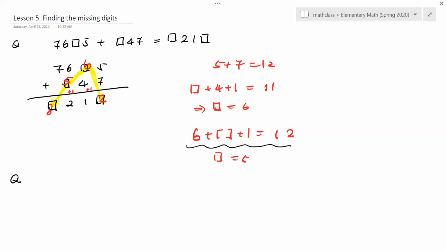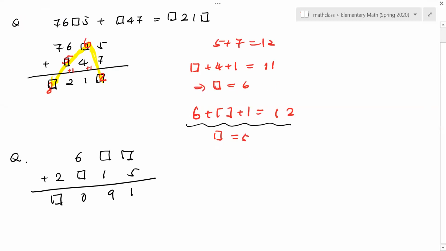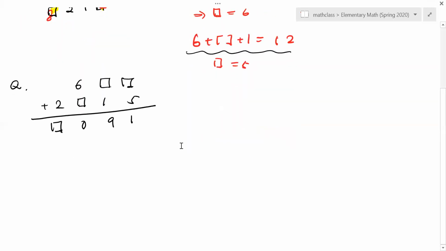So our next problem is going to be 6, and here plus 2 and plus 3 and the 1 and the 5. You get 1, 9, 0. How many unknowns here? 4. Can you try?